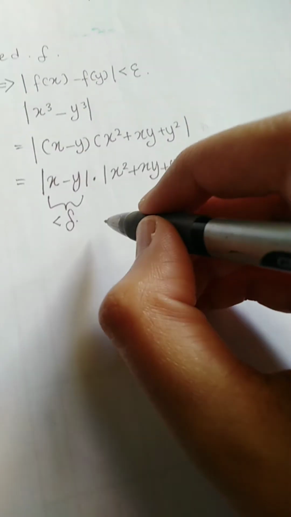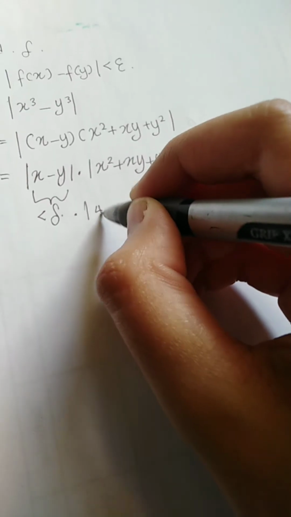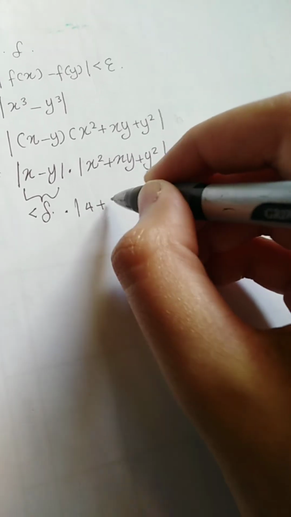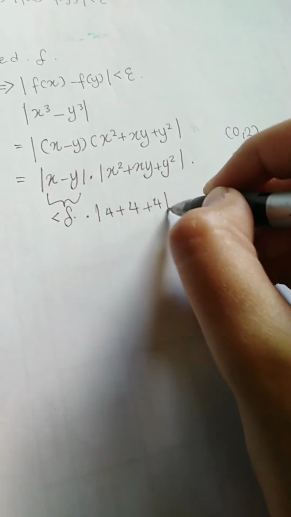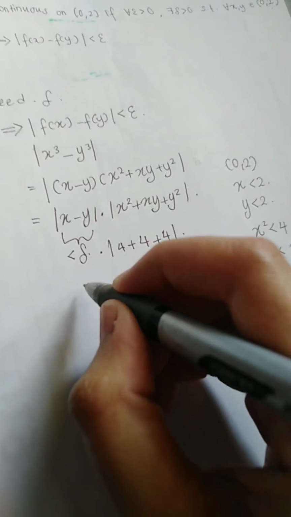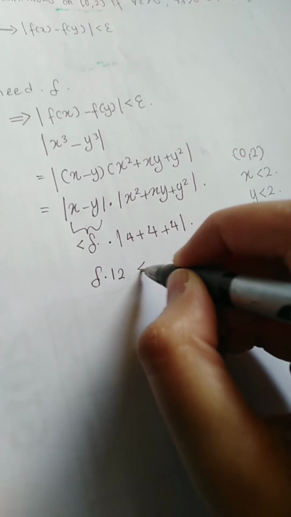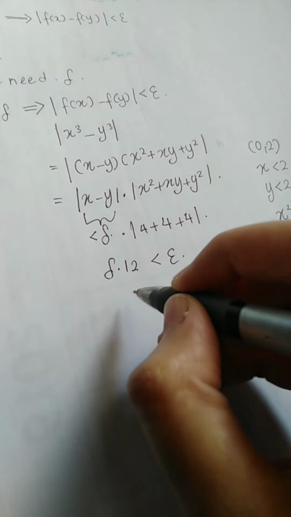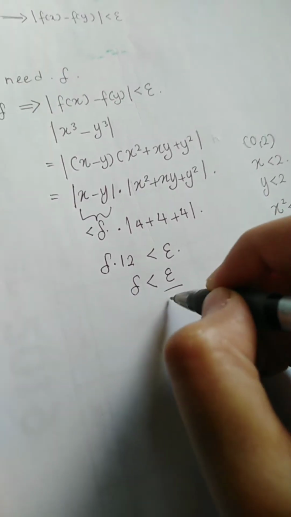So here we substitute: the first factor is less than delta, and x squared is less than 4, plus xy also less than 4, plus y squared also less than 4. So here we have delta times 12 is less than epsilon. So we have delta less than epsilon over 12.